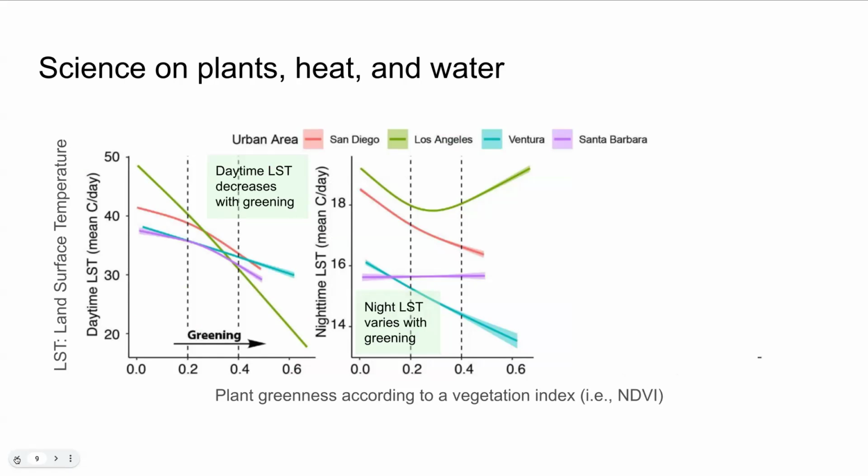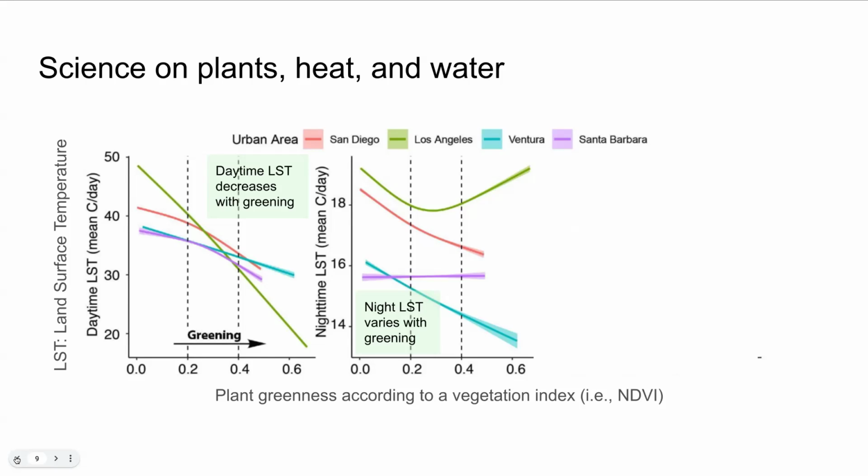And on the horizontal axis along the bottom, we are looking at a measure of plant greenness called NDVI. It's a normalized difference vegetation index. So as you move from left to right on the horizontal axis, think about plants getting greener on the landscape. And as you move from the bottom to the top, think about the land surface getting hotter.